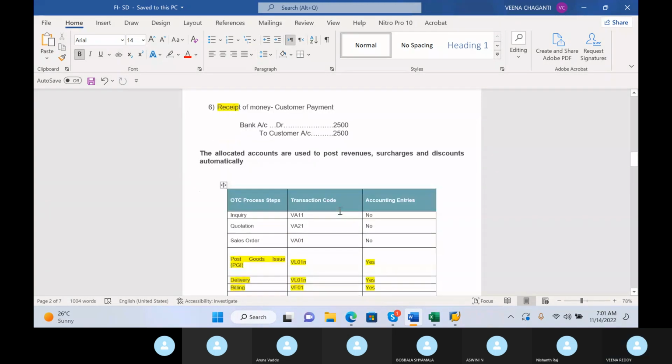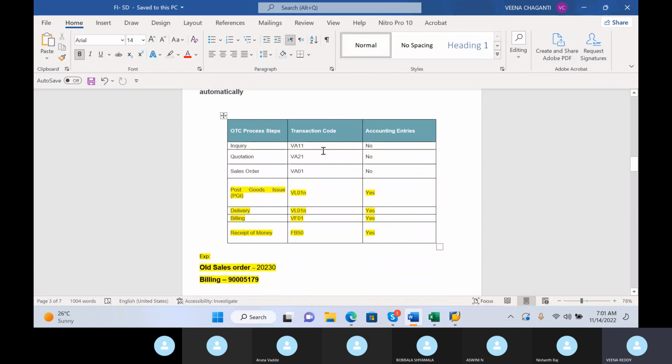Okay, and these are some transaction codes about inquiry, quotation, and sales order. We will not be involved in these postings because the SD consultants will create all these configurations. But we will be involved in post goods issue, because post goods issue is related to total goods: the material, finished goods, trading goods, the services, anything.